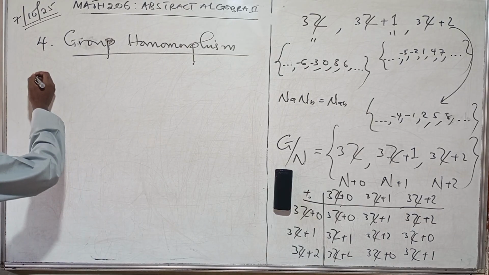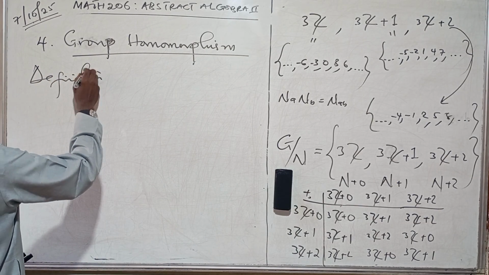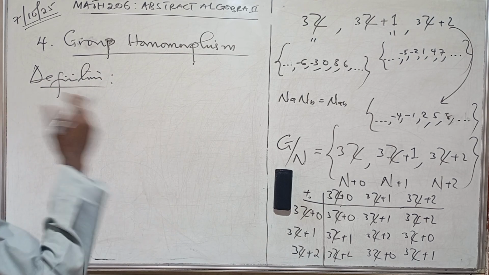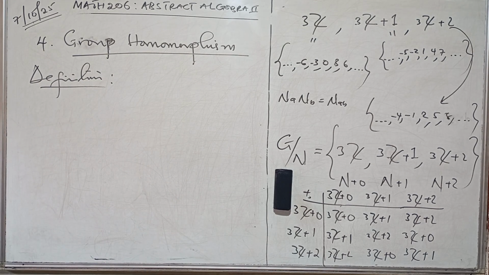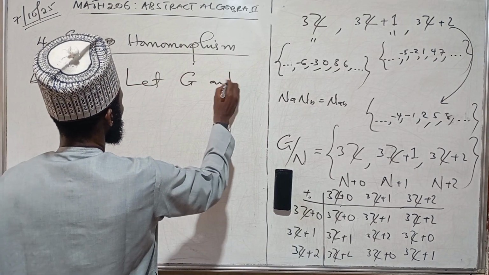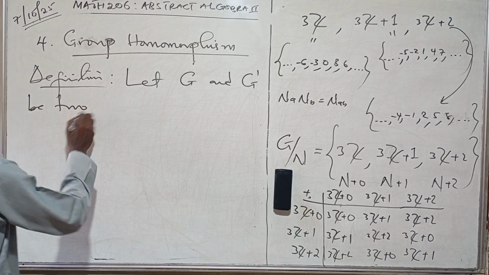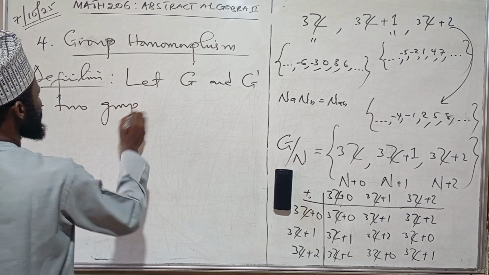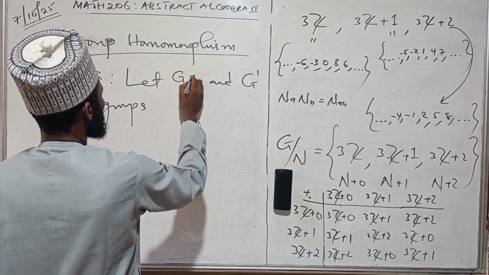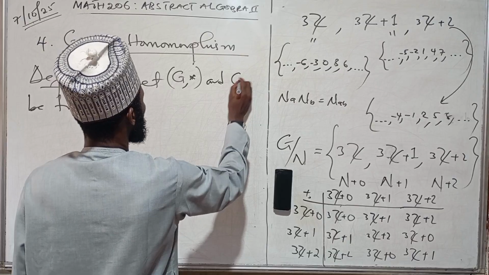So we start by the definition of what we call a homomorphism. To define a homomorphism, it is a mapping between two groups. So you need to have two groups. So you take two groups, G and G prime. Since you are hearing this for the first time, I will distinguish the binary operation.